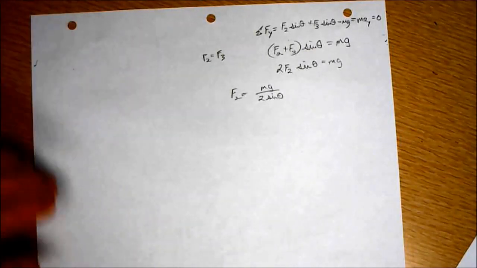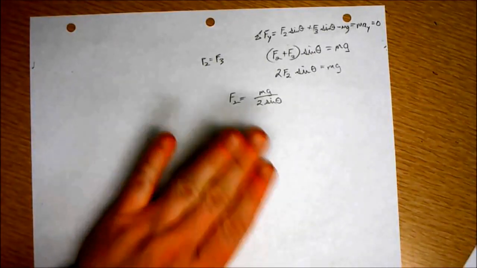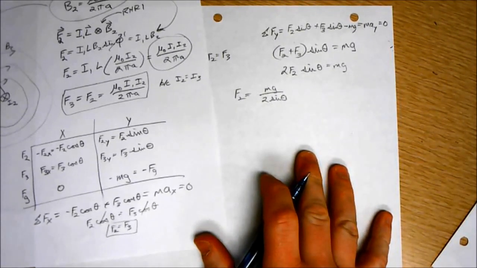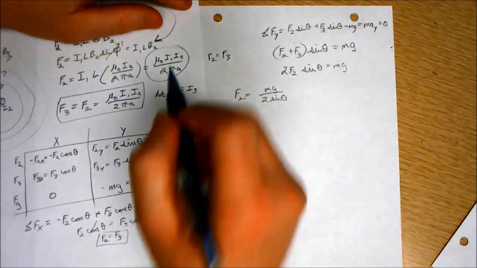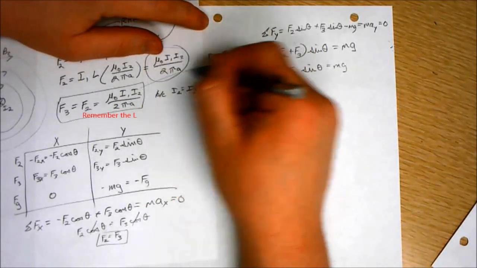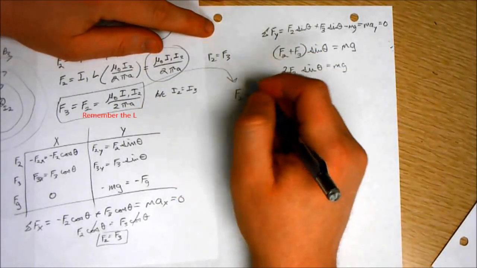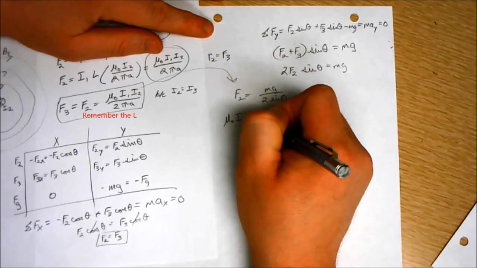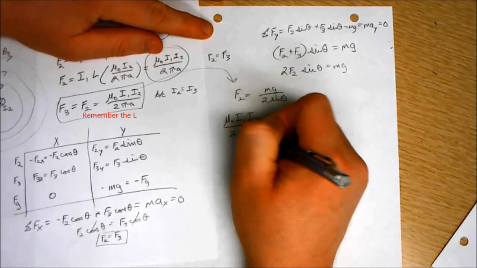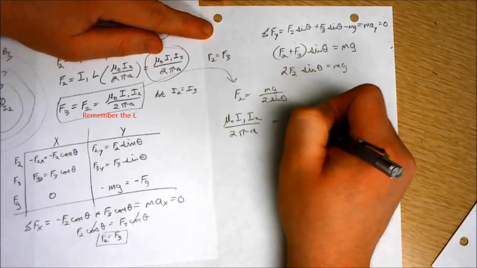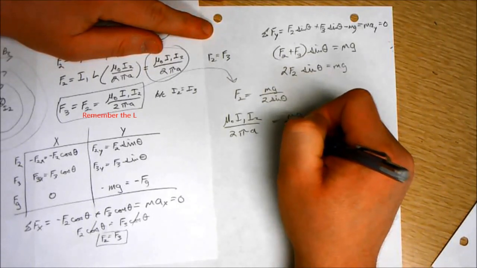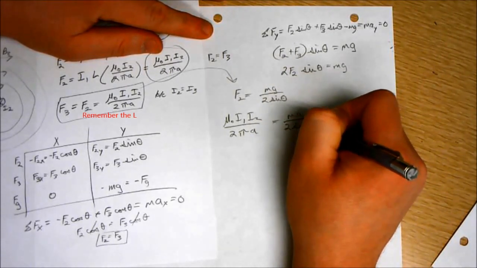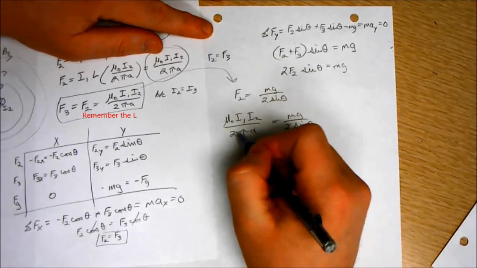Okay, so where to now? Well, we have to go back to what we saw before, and plug this into F2. So mu naught I1 I2 over 2 pi a equals mg over 2 sine of theta. You see the 2's cancel out.